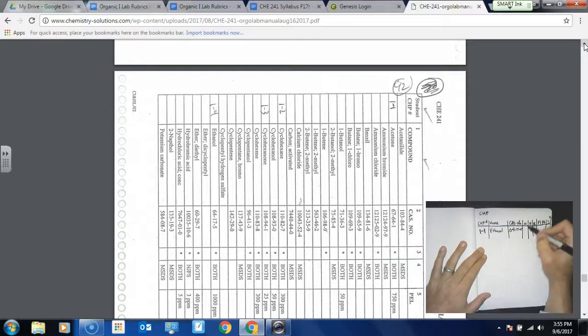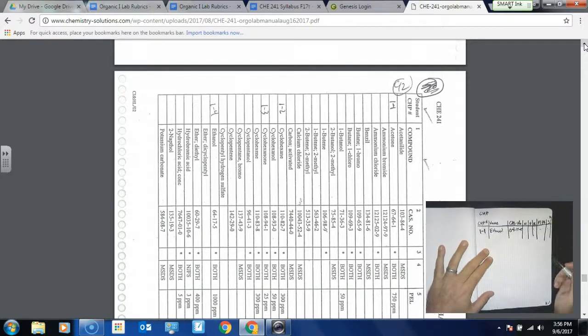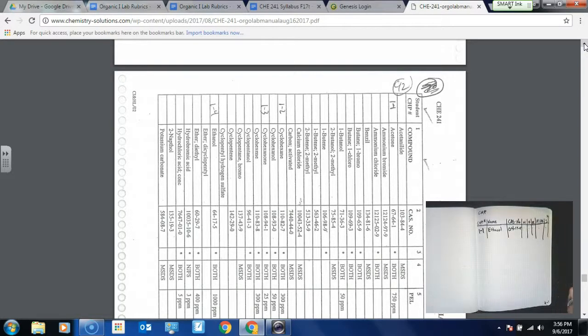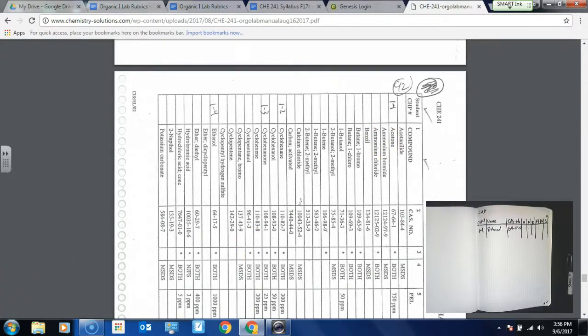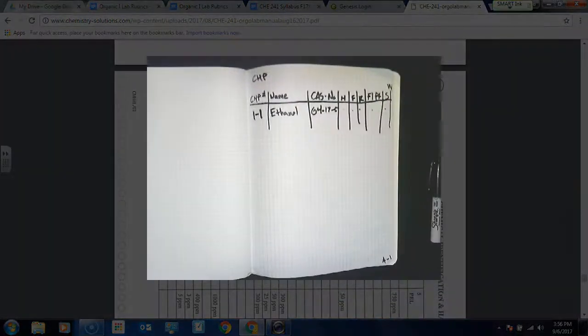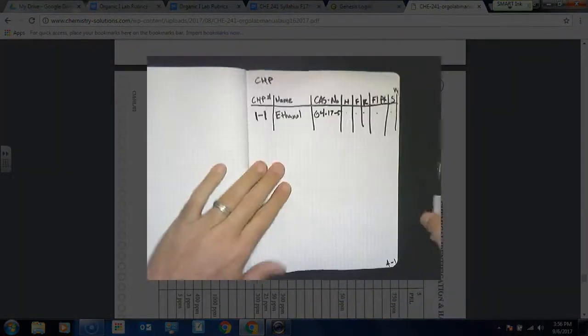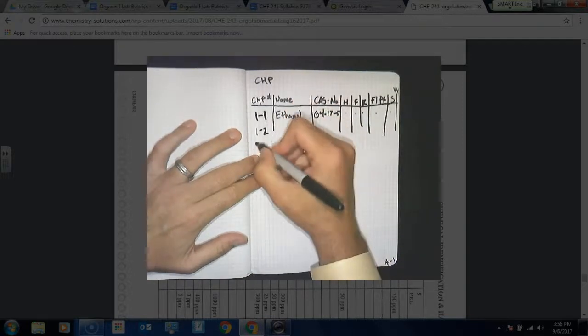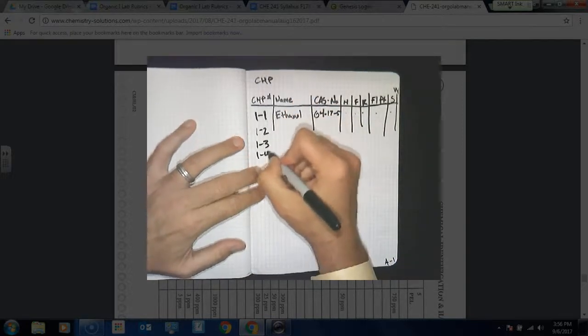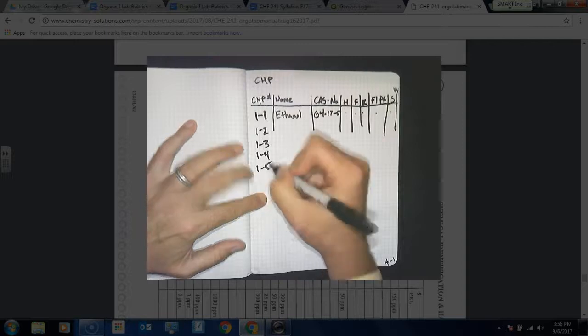And then you're going to fill in the health, flammability, reactivity, flash point, solubility, and waste code in there. So I will also reveal to you that for this lab, for lab number 1, you're going to have 6 of these chemicals. Okay, 1-1, 1-2, 1-3, 1-4, 1-5, 1-6.